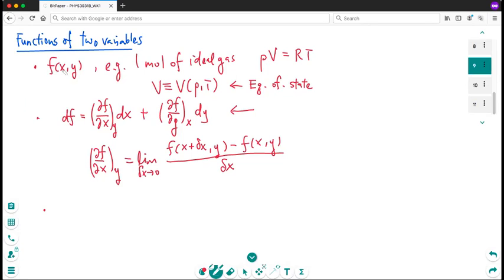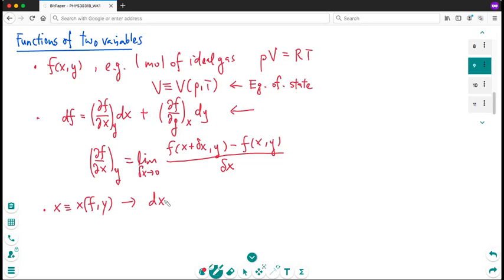Okay, so coming back to the more general notation, I can equally say I want X to be a function of F and Y. Okay, and that will give me a similar equation.